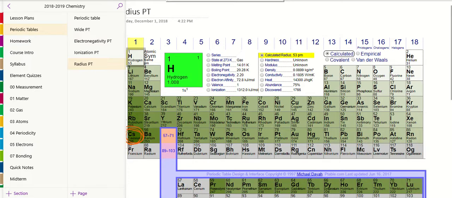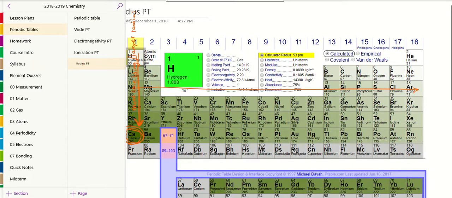So as we go down a group, what are we also increasing? The shielding. So more layers of shielding means larger radius. Now, what happens as we go across a period?